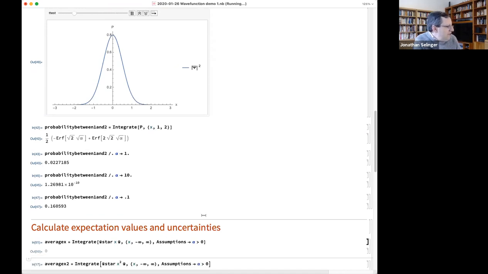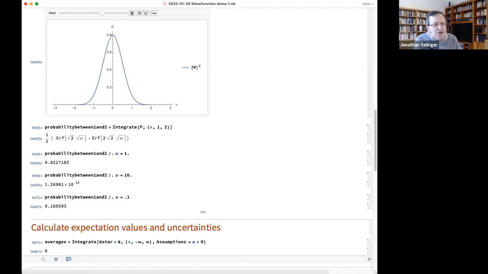And that integral is equal to 0, which is not a surprise because the curve is totally symmetrical between negative X and positive X. There's the same chance to have X be positive or negative. So the average will be 0.